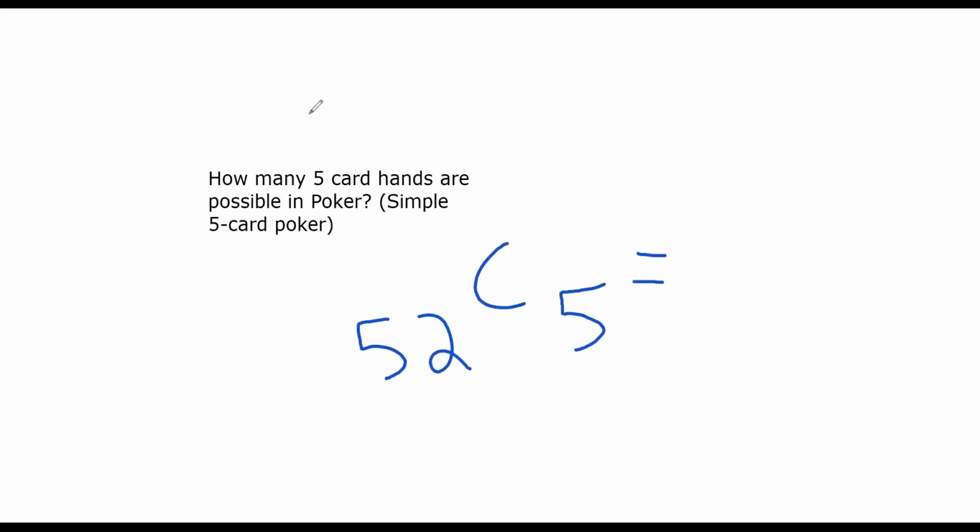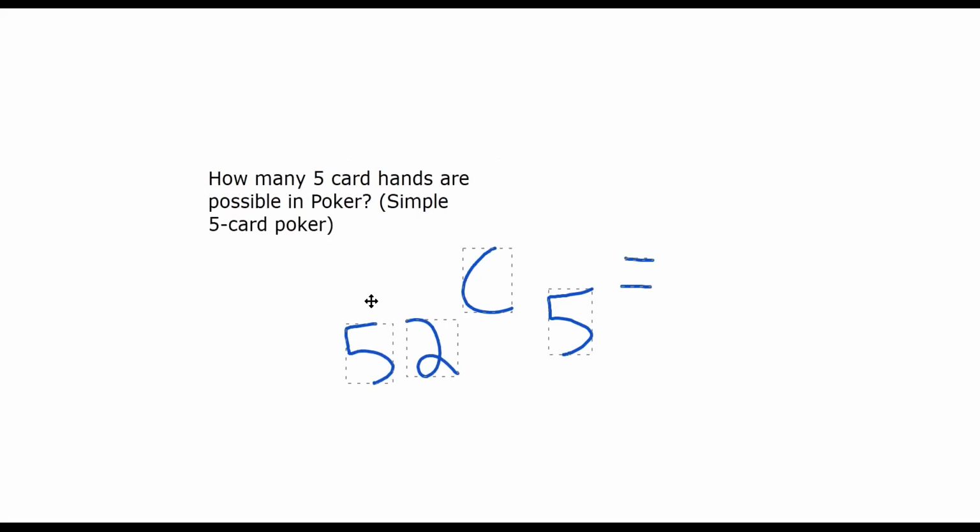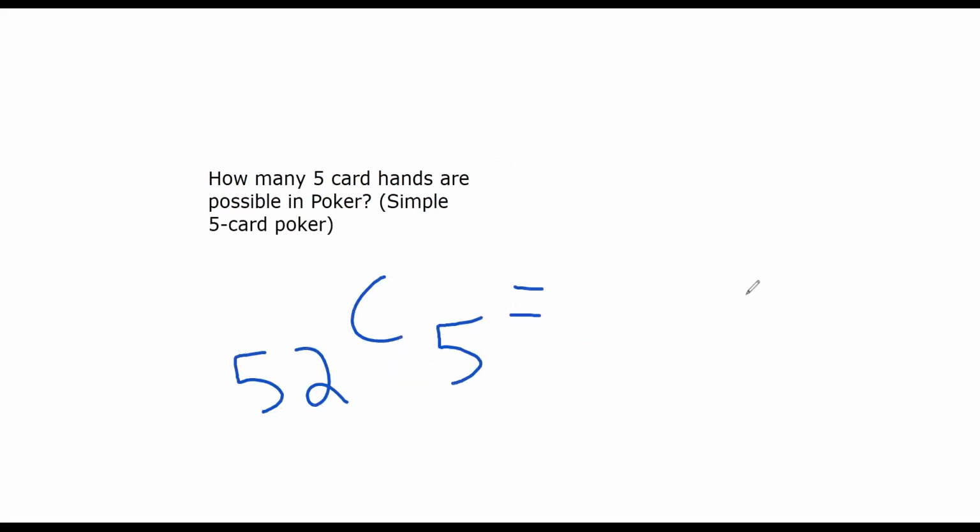That's going to be 52C5. And we can use our calculators to do that calculation. What are you getting? It's a big number. Is that about right?